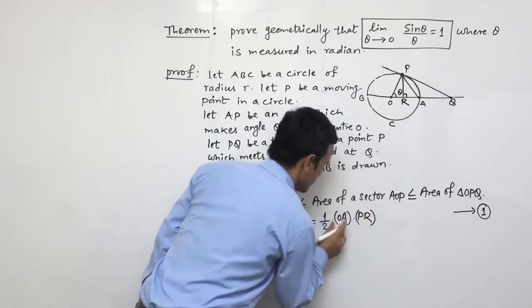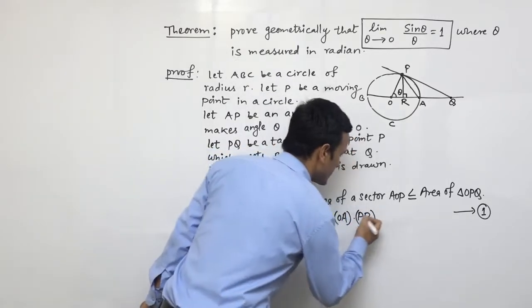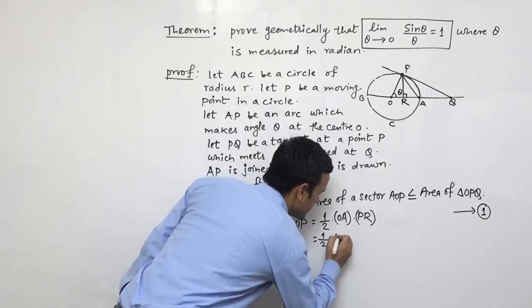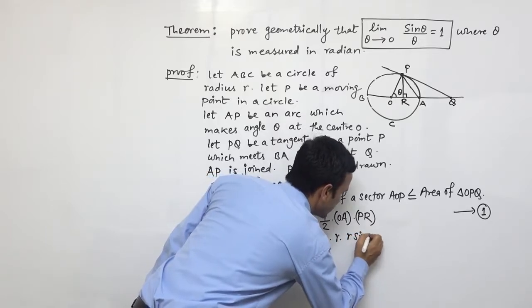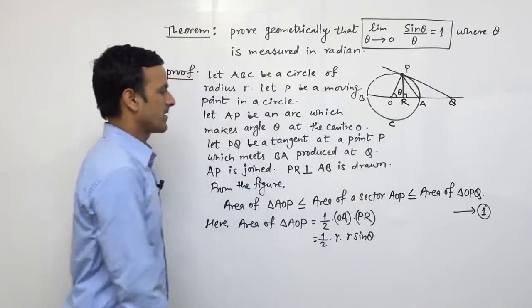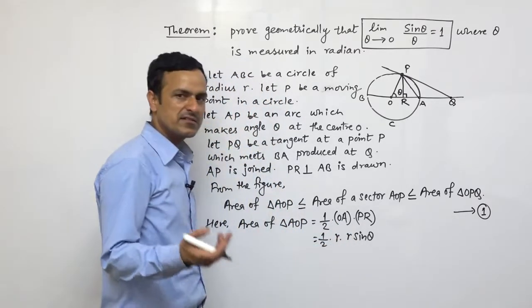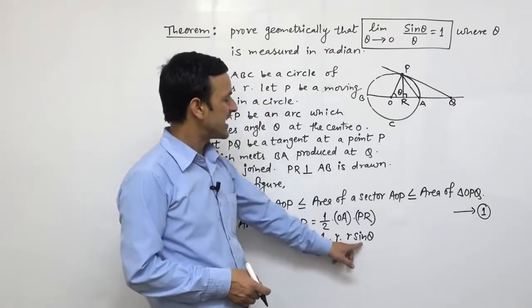So this is the base into height. So write down the value of this one. So 1 upon 2, OA means it is R, and PR means it is R sin theta. So it will be 1 upon 2 R square sin theta. So R into R means R square sin theta.